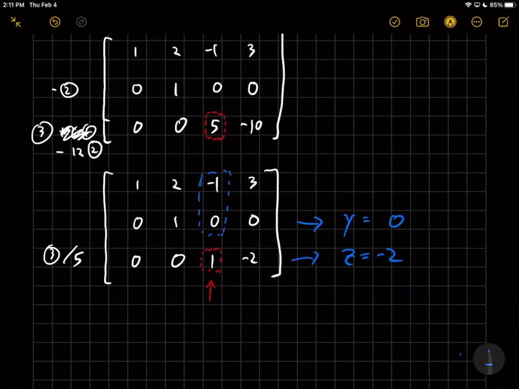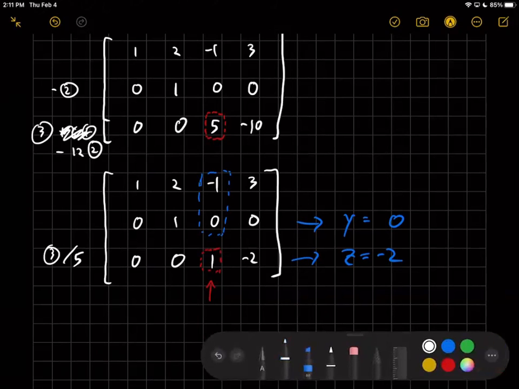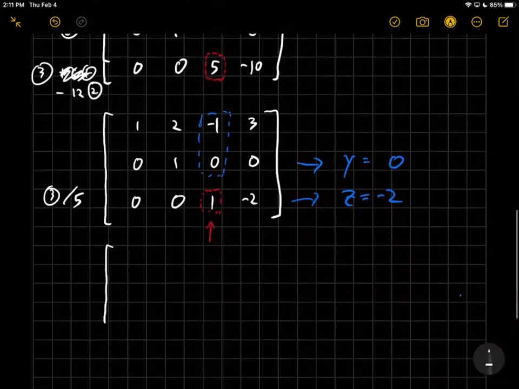It already has a 0. So we want to get a 0 in row 1. How can we do that? We can take the current row 3 and add it on to row 1. So in row 1, we'll take row 1 and simply add row 3. If we do that, we'll have a 1, 2, we get a 0.